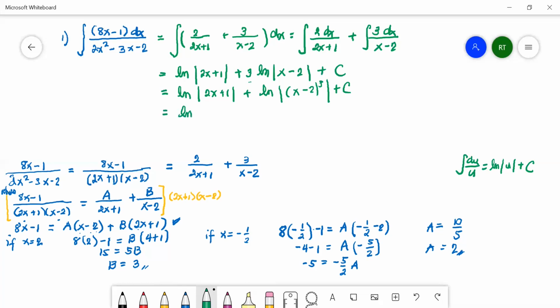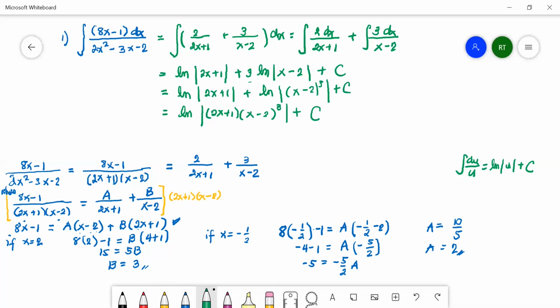Therefore, if we simplify this, we will have the natural logarithm of the quantity 2x plus 1 times the quantity x minus 2 raised to the third power, plus the constant of integration.